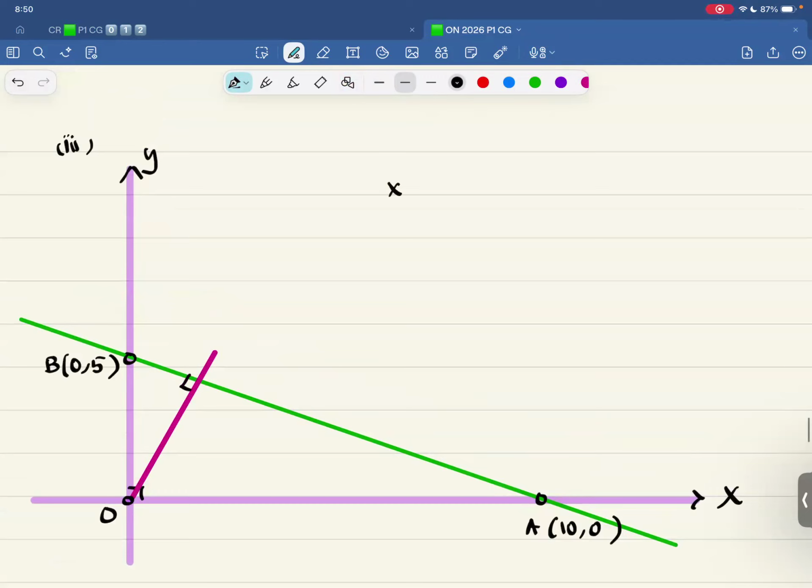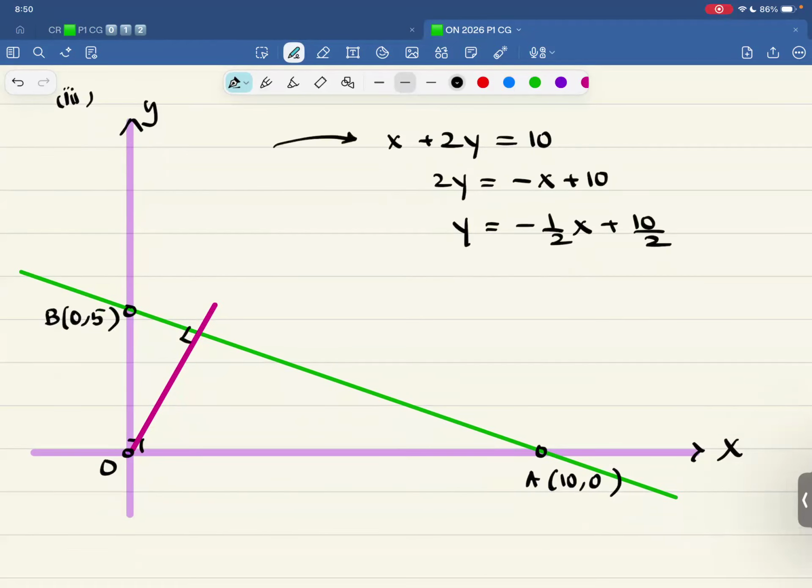Now, x + 2y = 10, so 2y = -x + 10, y = -1/2 x + 10/2. This is the line AB.